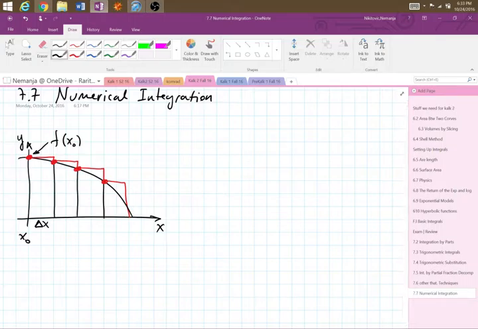So your function is always given to you, so you know what that is. You have all of these partition values that you get. The first one is always called A, the last one is always called B, and N is the number of rectangles.